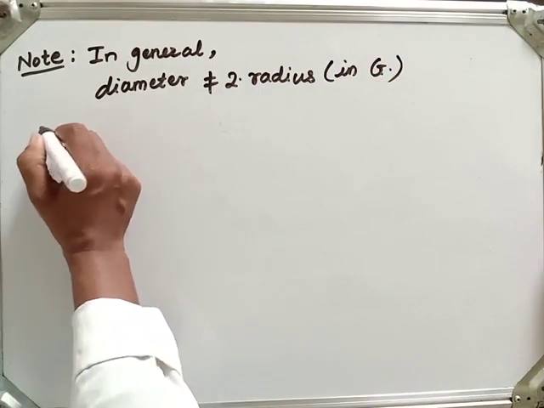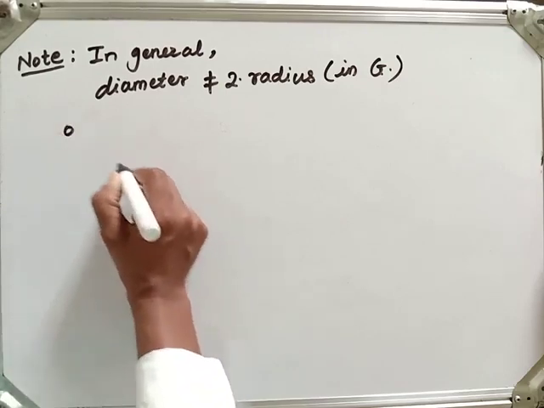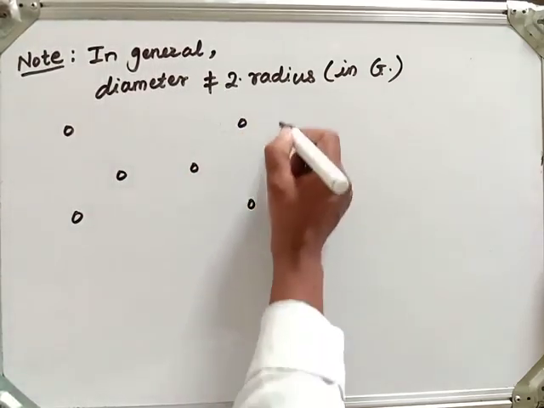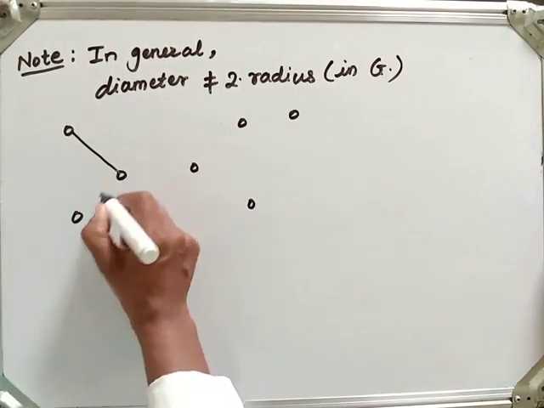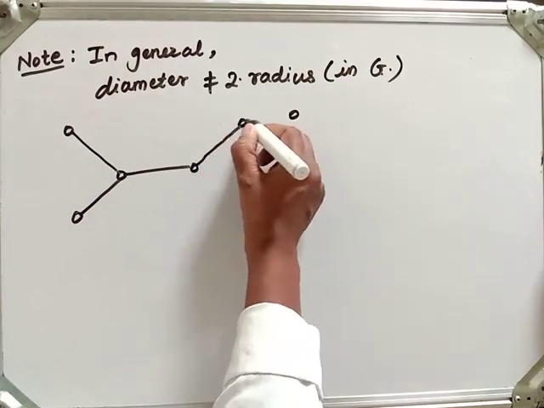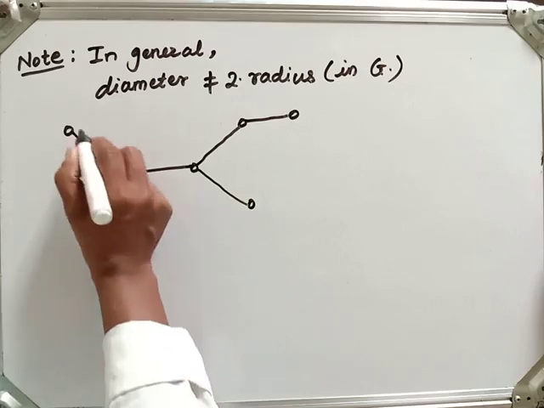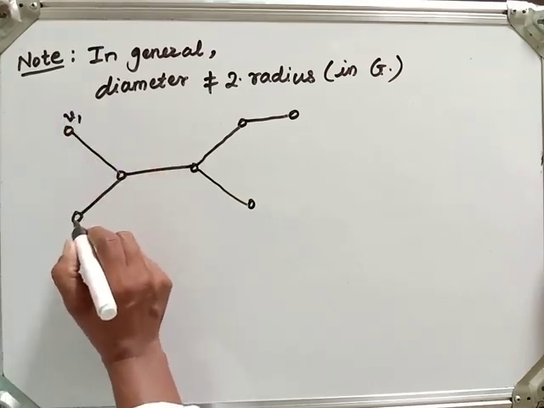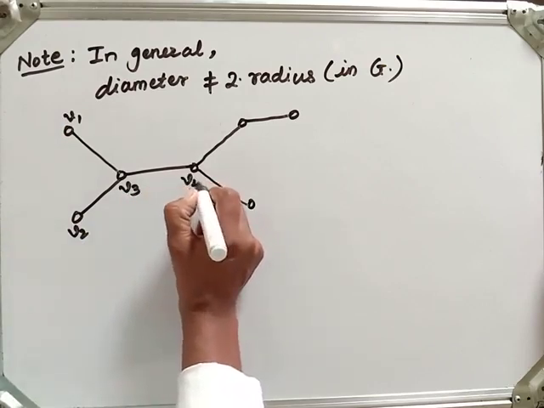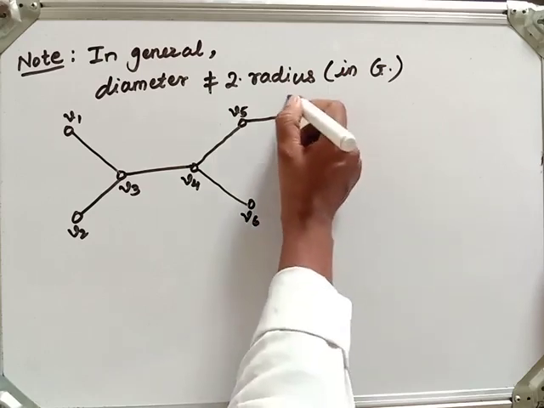Now let's take one more example for this. Suppose we have this graph with vertices V1, V2, V3, V4, V5, V6, V7.